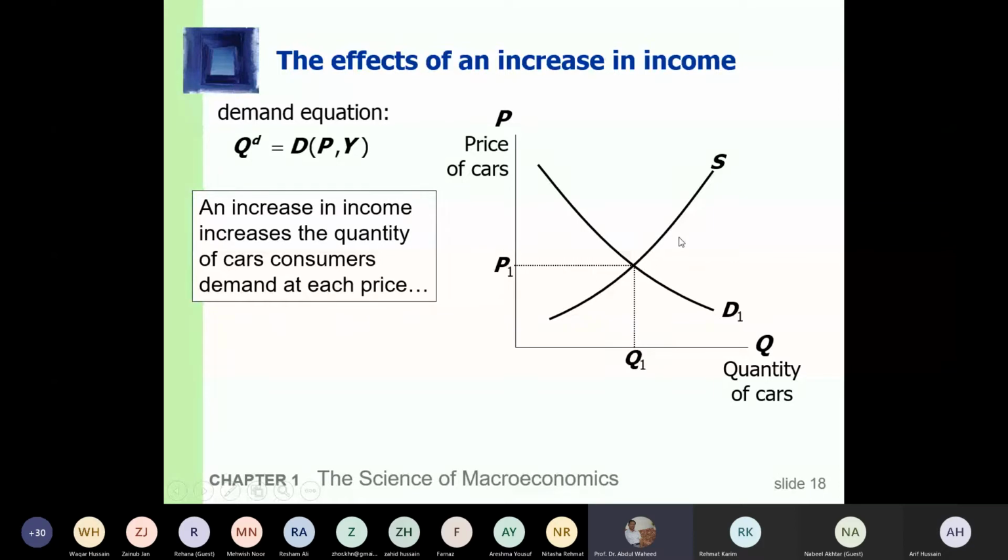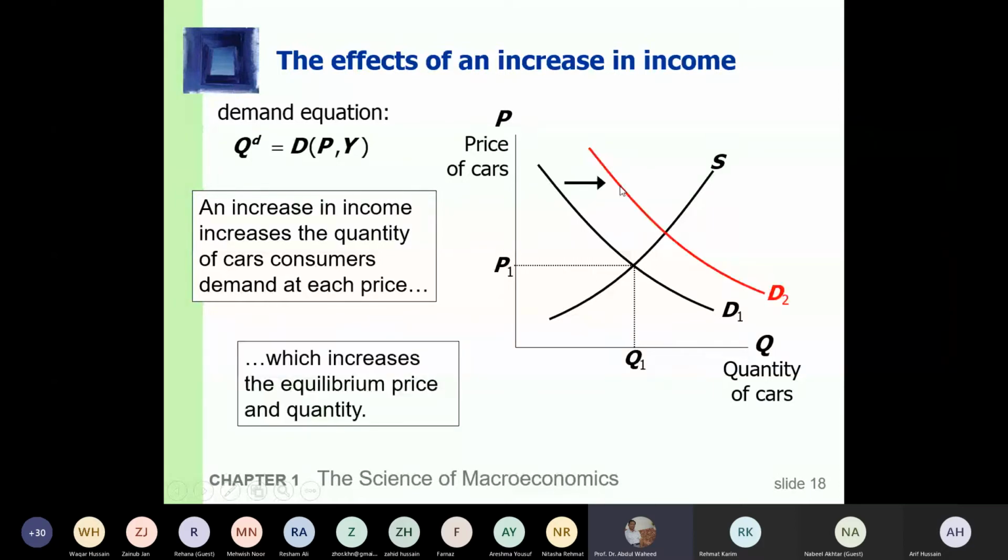Now if income increases, the demand curve will shift to the right. So if I extend this line here, then what is the situation in the market? Is there excess demand or excess supply? Excess demand. Yes, there is excess demand at the original price.